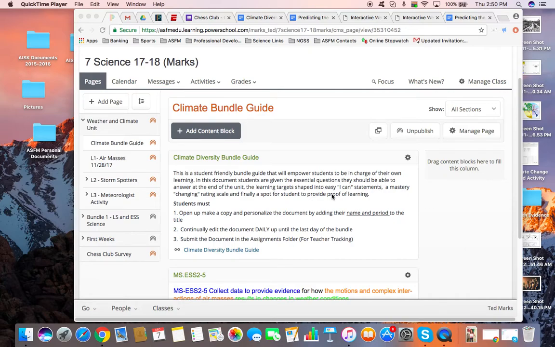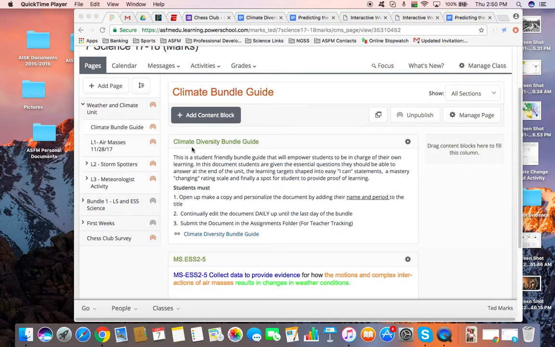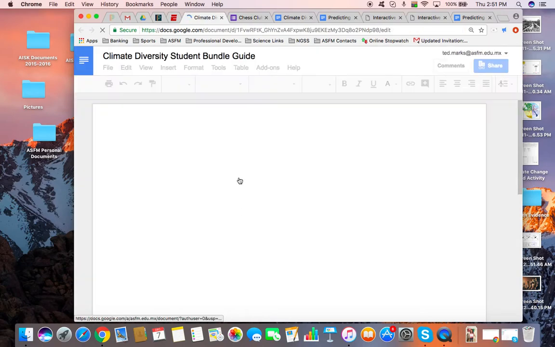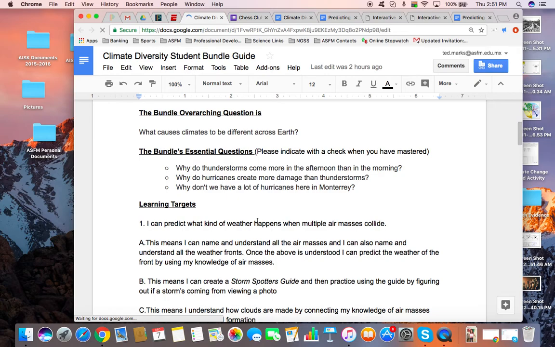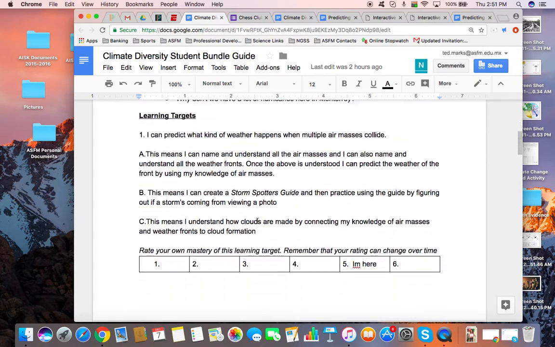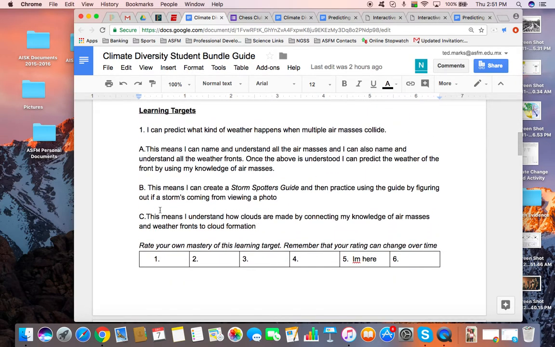The first thing I wanted to clarify was that in your student bundle guide, notice that on the first learning target, if I scroll here, there's an A, a B, and a C. B was the Storm Spotters Guide Activity 1, and C was the Storm Spotters Guide Activity 2.